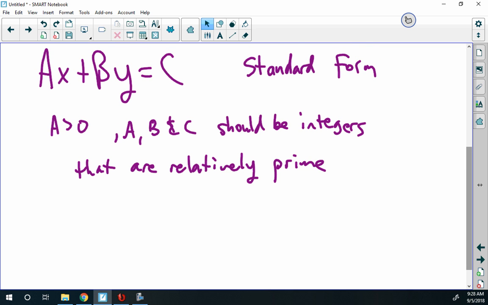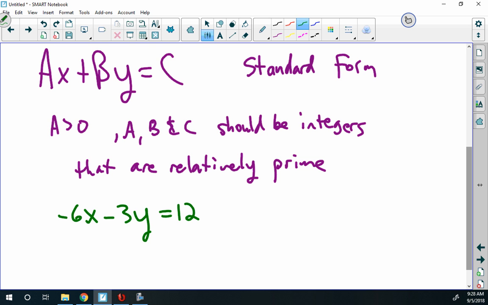So what I'm saying is if you had something like negative 6x minus 3y equals 12, does that meet the criteria? No, it doesn't, because the leading coefficient's got to be positive. So you might say, let me make this positive 6x plus 3y equals negative 12. Well, we're getting closer, but you know the problem with those coefficients, 6, 3, and 12?